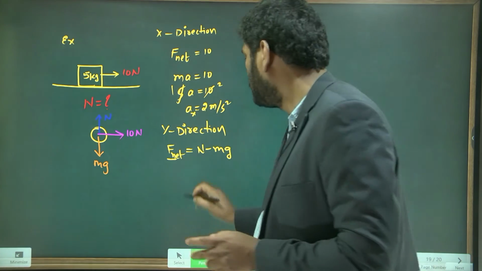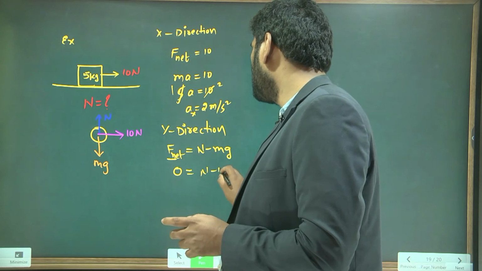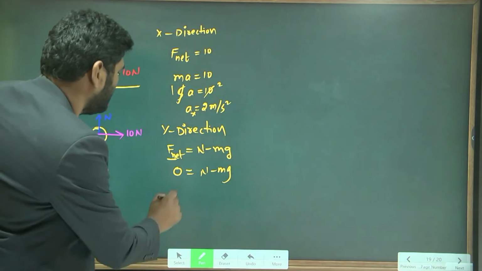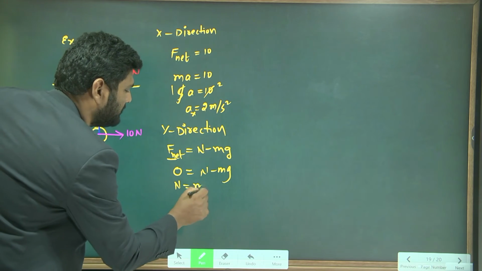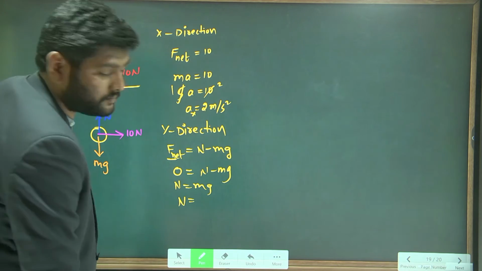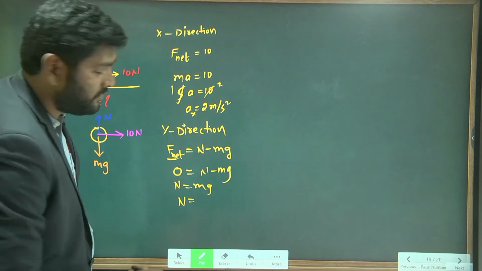0. Very good. 0 is equal to N minus mg. Then N is equal to mg. N is equal to what is the mass? 5.